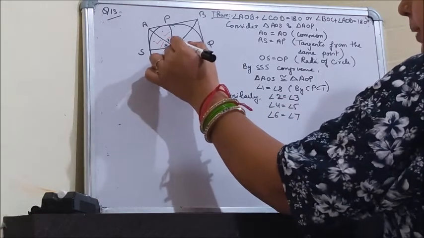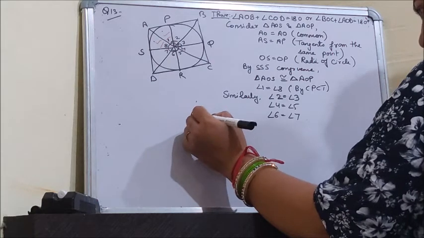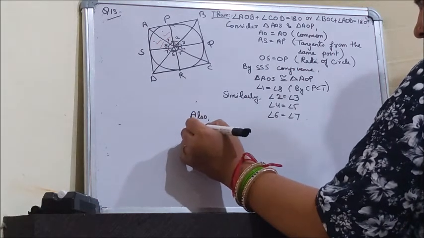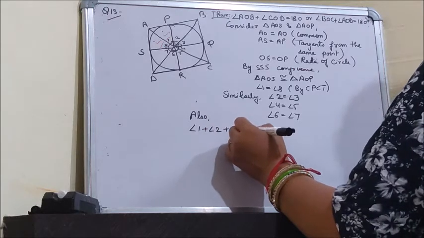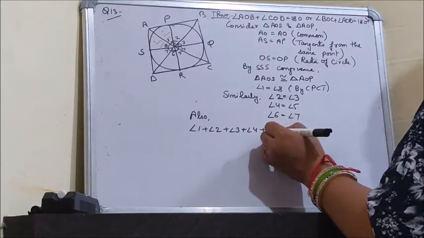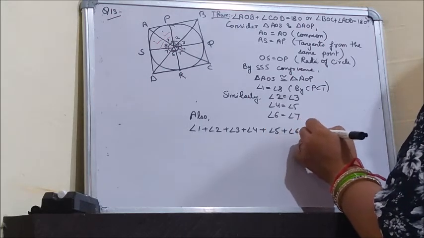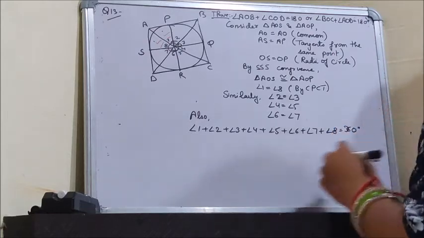Now since this is a complete angle in between, angle 1 plus angle 2 plus angle 3 plus angle 4 plus angle 5 plus angle 6 plus angle 7 plus angle 8 is equal to 360 degrees, complete angle.